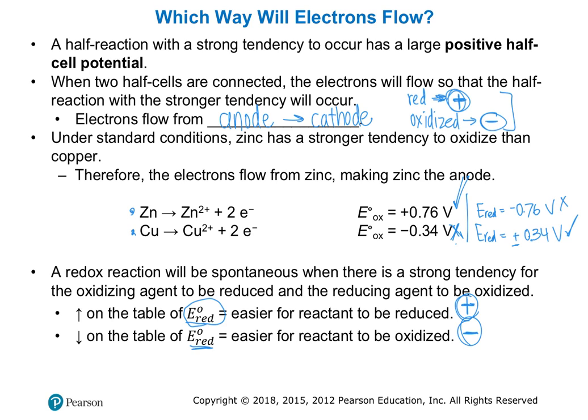So positive reduction potential means likes to be reduced. Negative reduction potential means it likes to be oxidized. And we're going to compare those two to find out if a reaction is going to happen spontaneously. So you guessed it, we're going to end up going back into Gibbs free energy and connecting these two eventually.